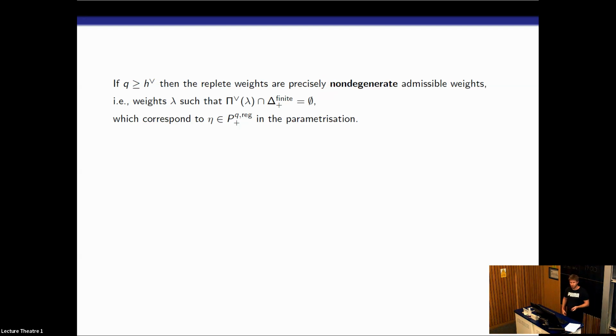So what does this correspond to in this parametrization by triples nu, w, and eta? This corresponds to saying that eta itself, which could in general be inside this affine Weyl chamber, including on the boundaries, is actually regular. So just like nu, eta is also regular. So we get a kind of pleasingly symmetrical parametrization in this case.